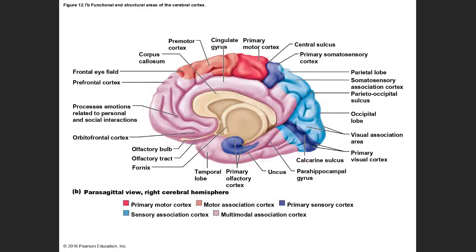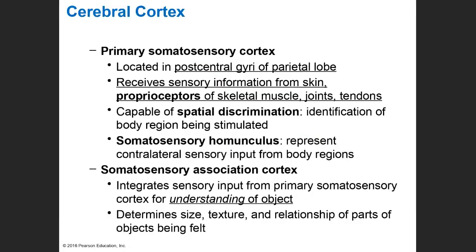Here's just an anatomy, all right? A mid-sagittal view here. You can still see some of these parts from this view. So, primary somatosensory cortex, remember I just mentioned that as being the specific part of the postcentral gyrus that you find in the parietal lobe, which is associated with receiving all incoming sensory information, including proprioceptors.